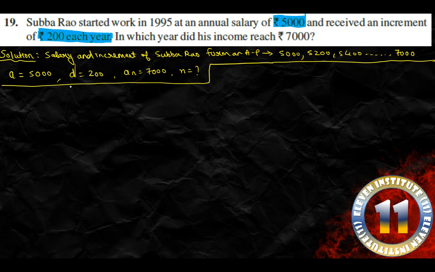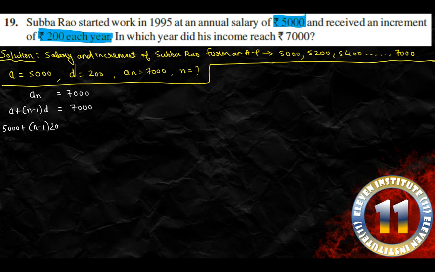Yes. So we can write over here an is equal to 7,000. What is an? A plus n minus 1 into d is equal to 7,000. Instead of a we will write 5,000 plus n minus 1 will remain as it is.